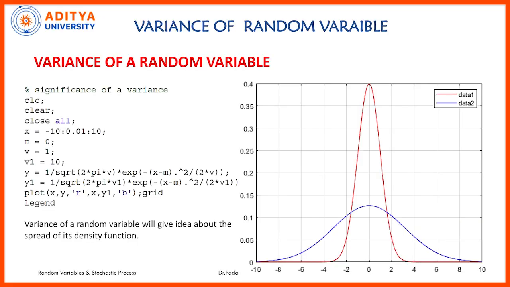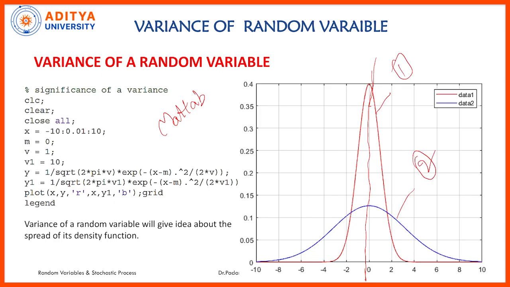When we simulate the variance plot in the MATLAB software, this is the simulated graph obtained. We have taken two different graphs to show the measure of the deviation from the central value. Assume this is the central value. This is data 1 and this represents data 2.